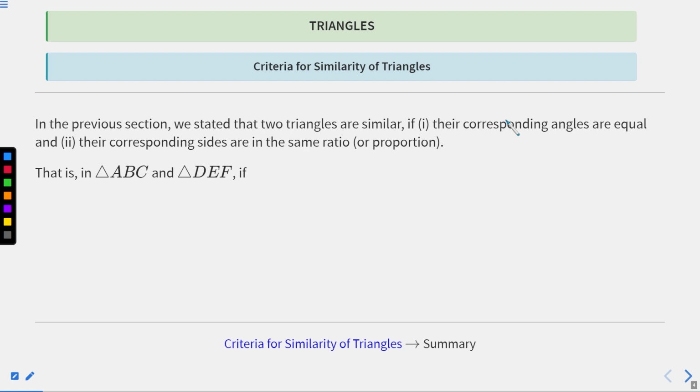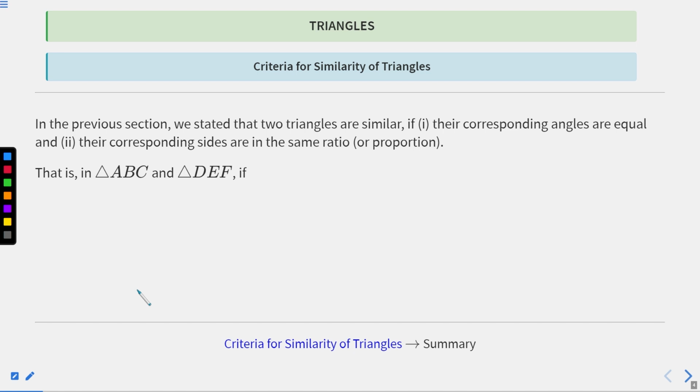So in the previous section, we stated that two triangles are similar if their corresponding angles are equal, and second, their corresponding sides are in the same ratio or proportion.